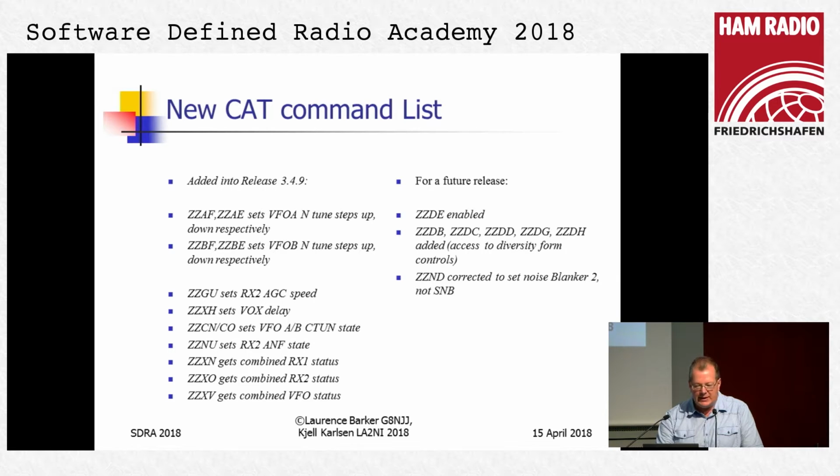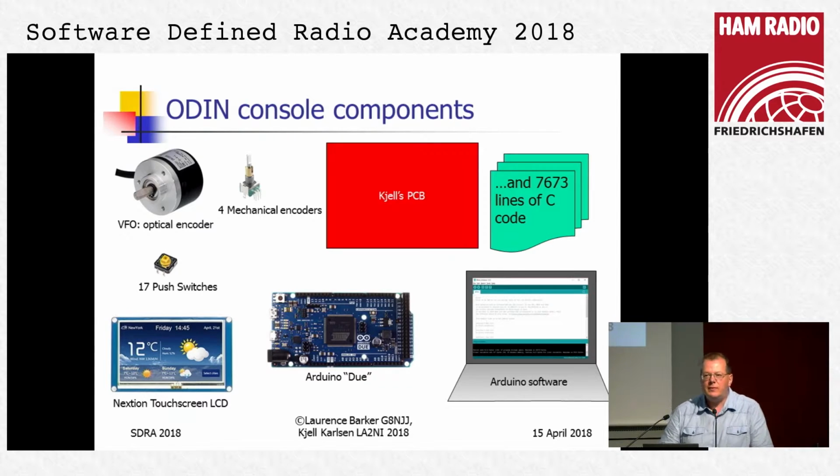The last bit was to actually create it. So we've got a set of components. We've got an optical encoder for the main tuning knob. Those are quite high quality things. They used to cost about £100 a piece or 120 euros, but they're readily available for less than 10 euros on eBay now. We've used simple mechanical encoders for the other controls and push buttons.